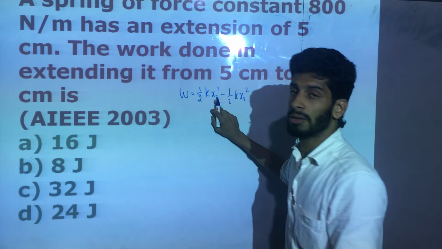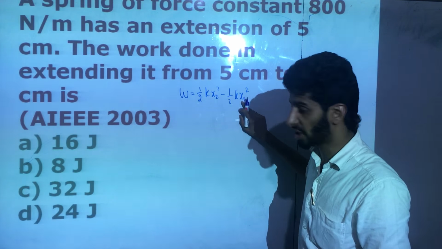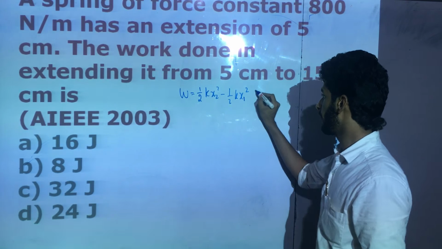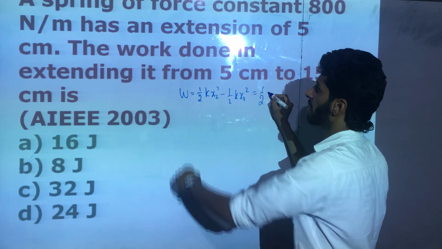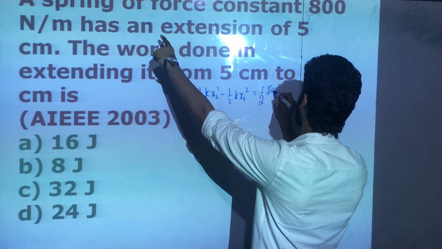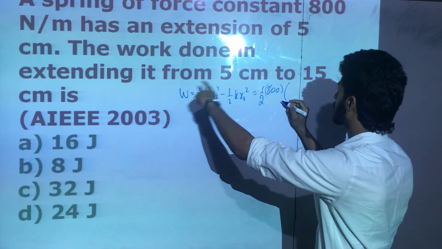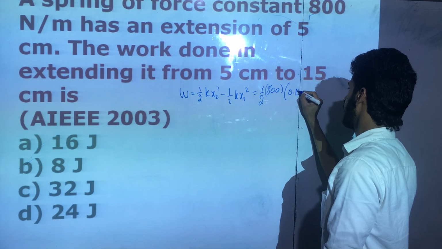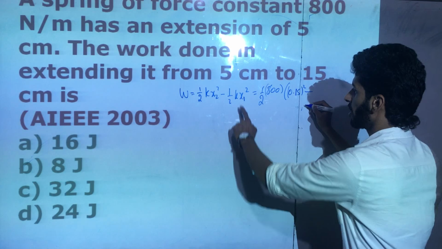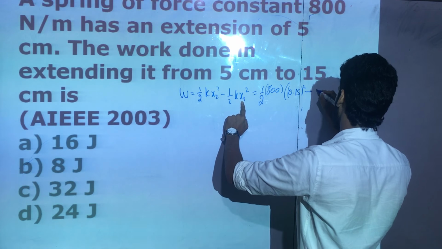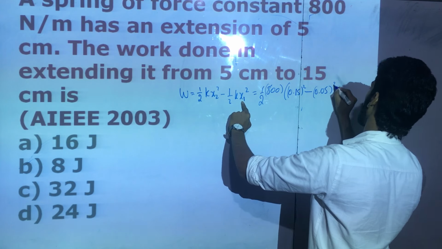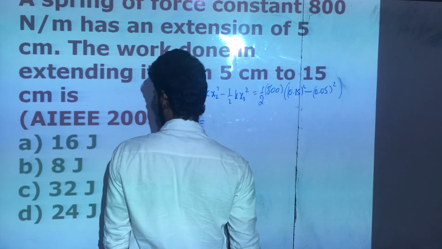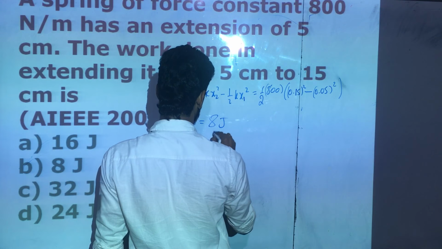So final potential energy minus initial potential energy gives the work done, which is half k, that is 800, times x2 square, 0.15 whole square, minus x1 square, 0.05 whole square. If you calculate, this work done will be 8 joules.